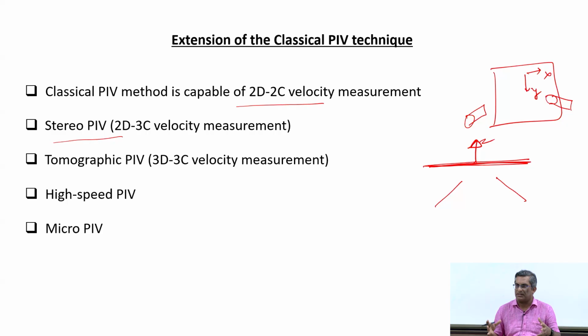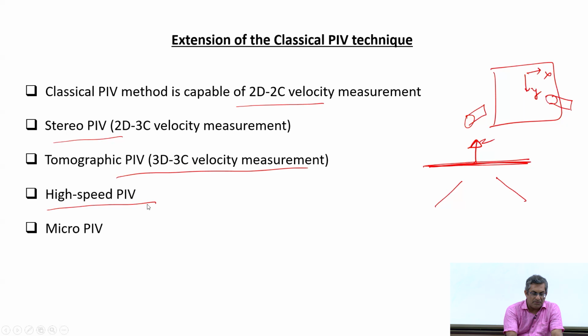Typically 4 cameras are used or even more than that, and all the cameras have to be calibrated properly such that all of them look at the same field of view. So, even if this can be done, it is quite tedious, and also the setup is expensive.